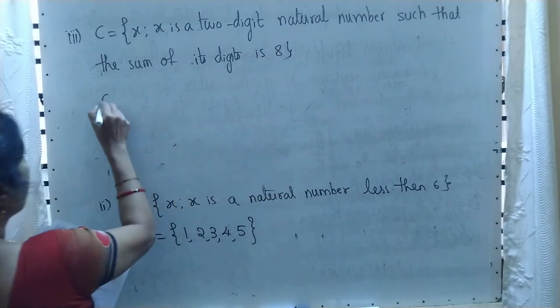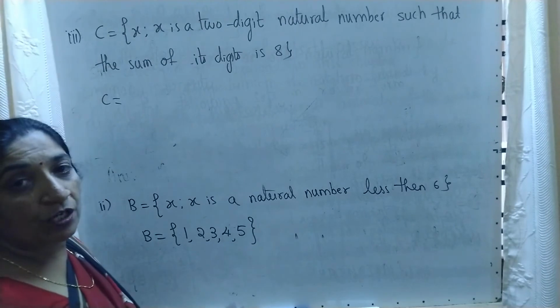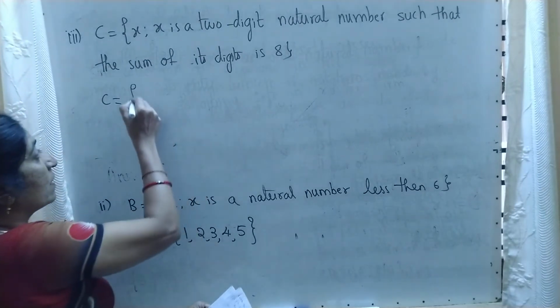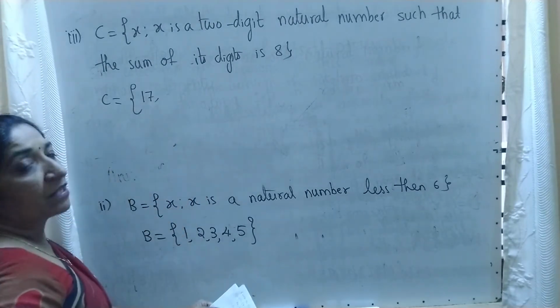You have to write the numbers such that when you add the two digits, the answer will be 8. For example, 17. 1 plus 7 is 8.